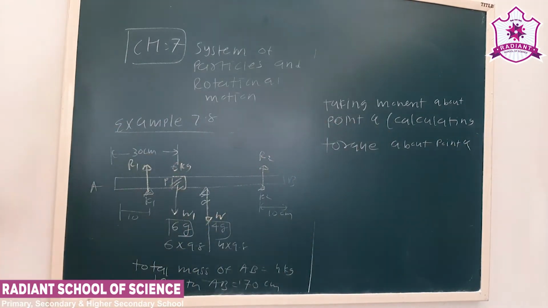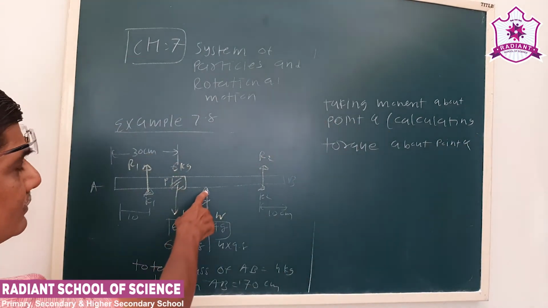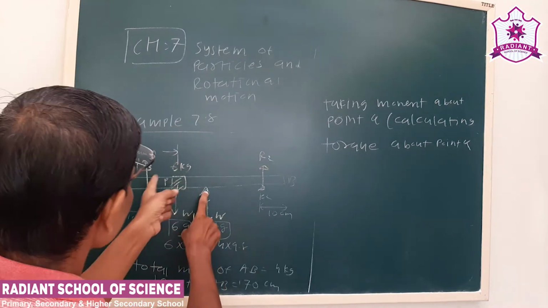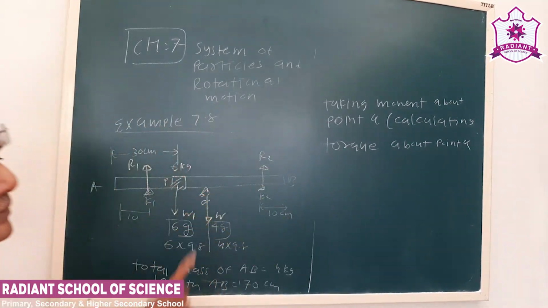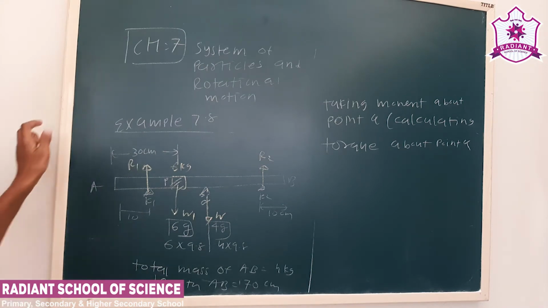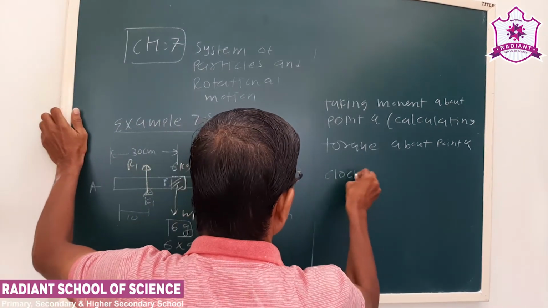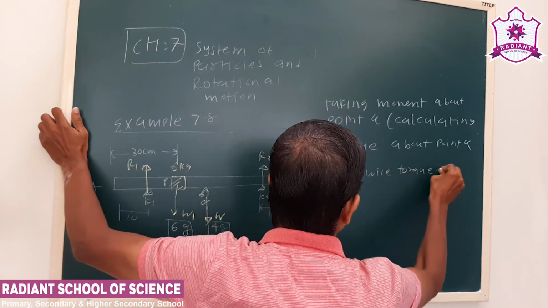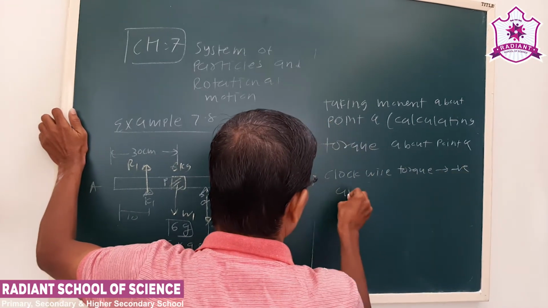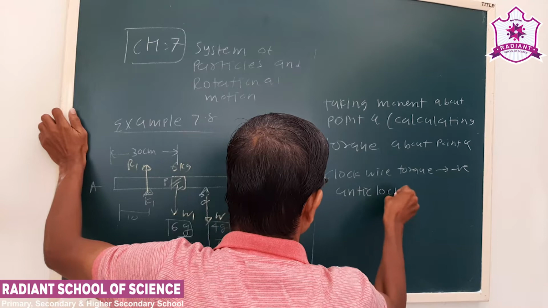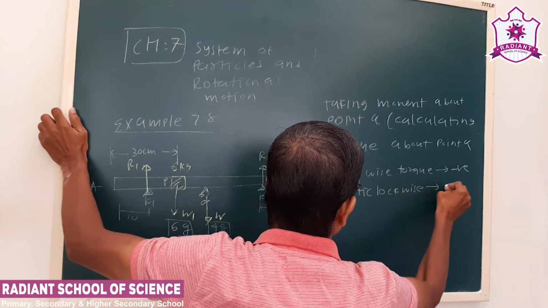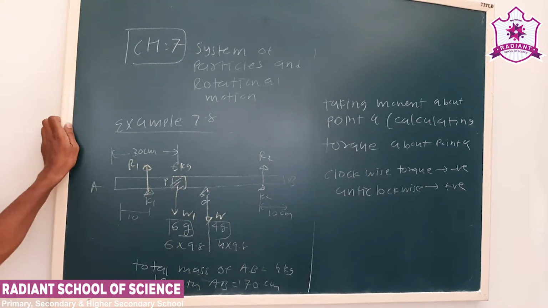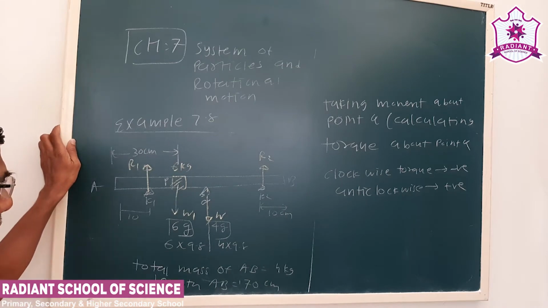Let us say this is our fulcrum. R1 will tend to take it in the clockwise direction. The clockwise torque we consider negative, and anticlockwise positive. These are the conventions we have to accept in calculating.